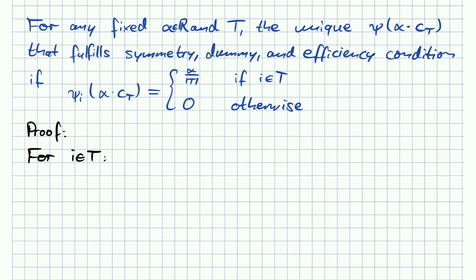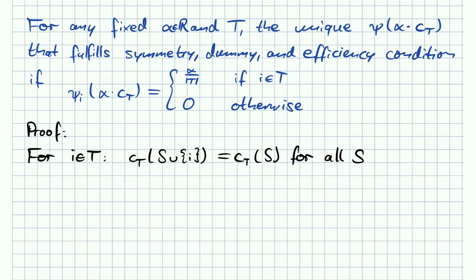Well, then we'll certainly have that Ct of S union I will always be Ct of S alone for all S, because all that matters is, does this S contain all of T or doesn't it?